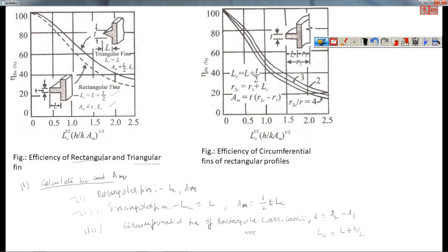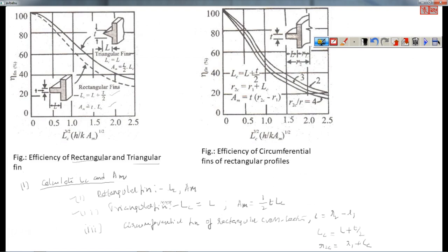And the corrected outside radius of the fin: this is R1, instead of R2, you are using R1 plus LC, where LC is equal to L plus T by 2.